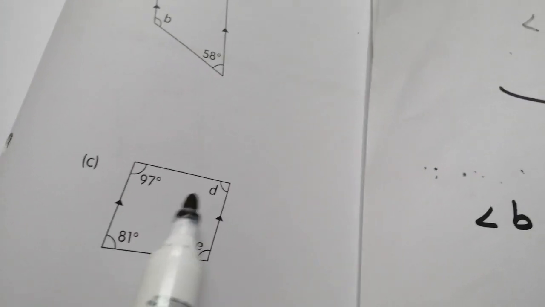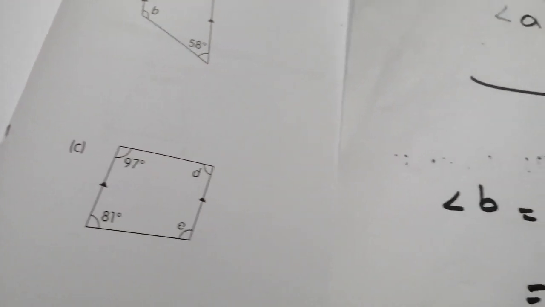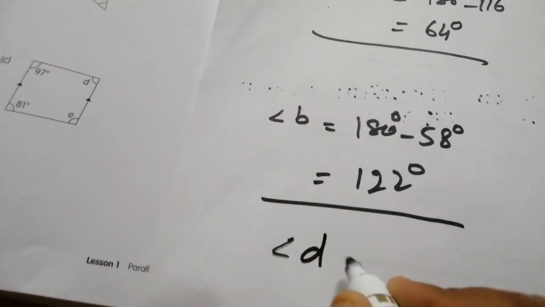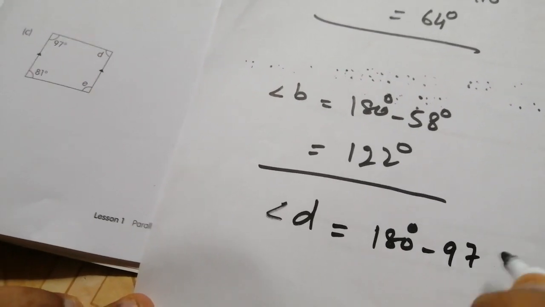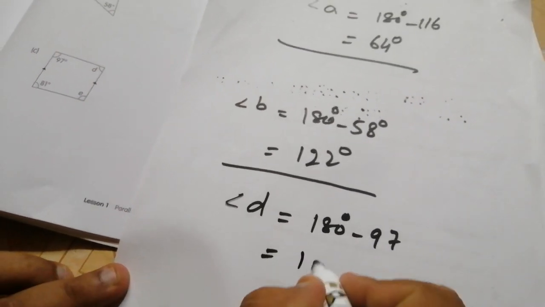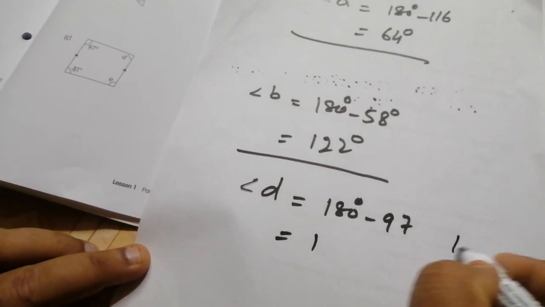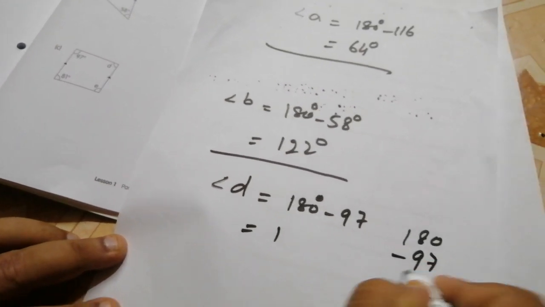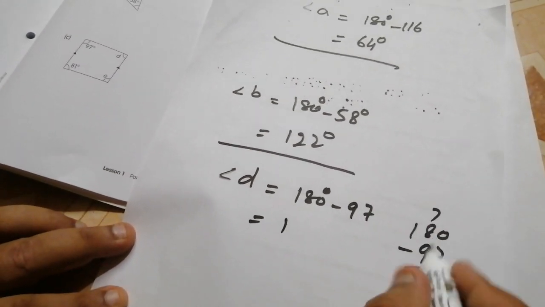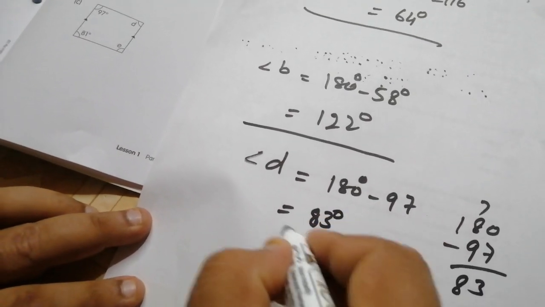You have to find angle D. You can see these two angles are on a straight line. So how can you find angle D? Angle D is 180 degrees minus 97 degrees, and how much do you get? Not 100. Let's do the calculation here. 97, 10 minus 7 is 3, 17 minus 9 is 8, so 83 degrees.